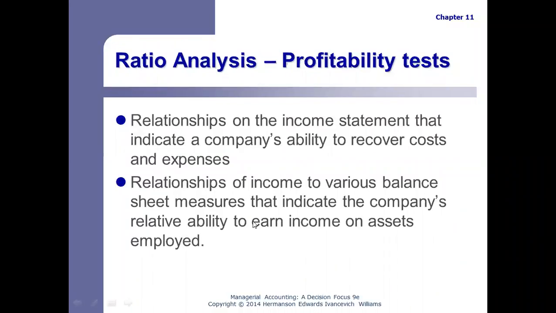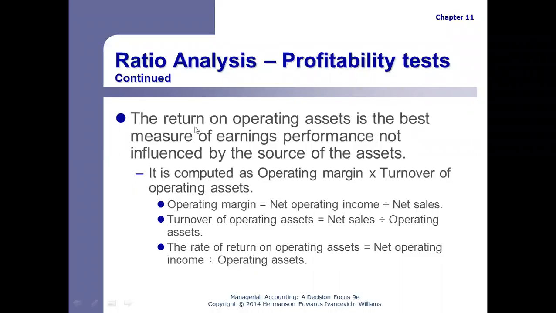So another item in ratio analysis, profitability tests. Profitability tests basically measure how profitable a company is. Return on operating assets is operating margin, and operating margin is calculated as your net operating income.